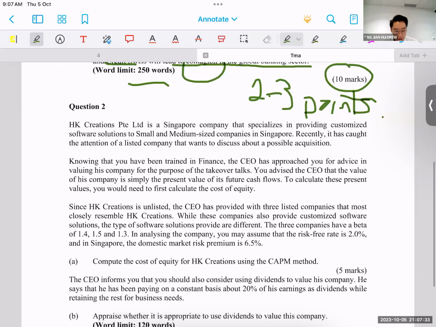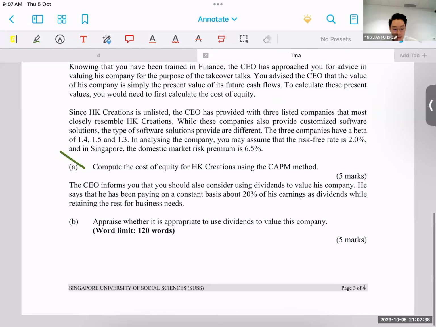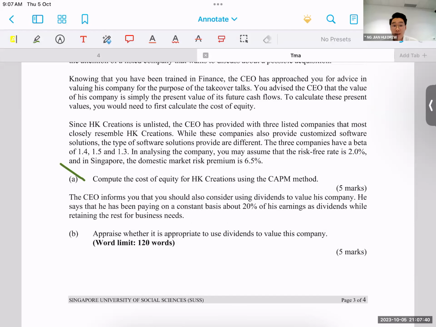Okay. Next thing, calculate the cost of equity. This one, everyone got it. I think 90% got it. One point to highlight to you is this beta. You have definitely learned this in your FIN 203, because I previously taught that module.